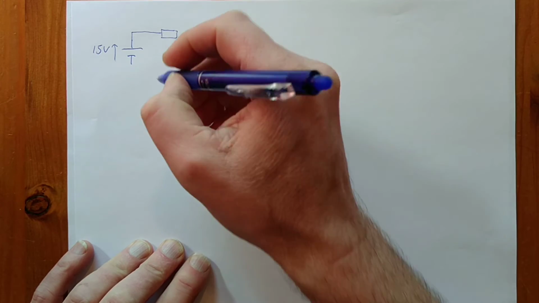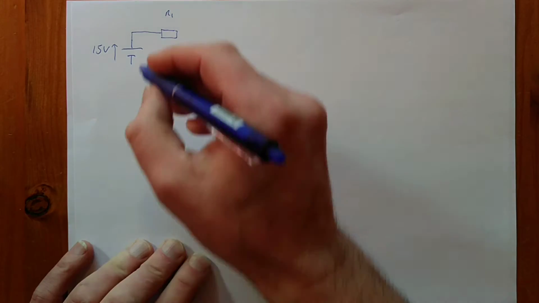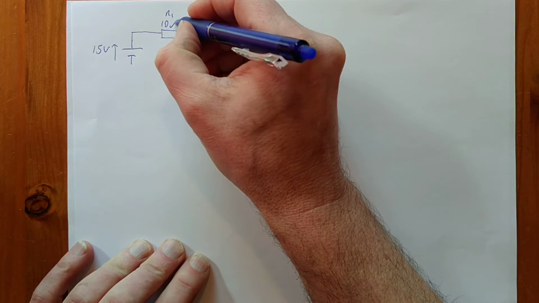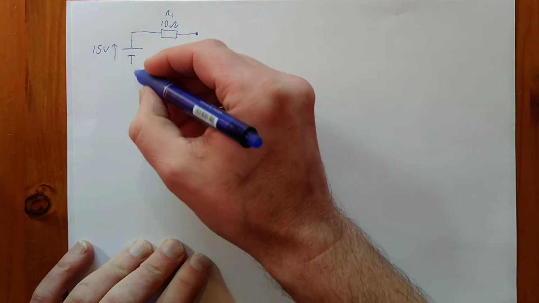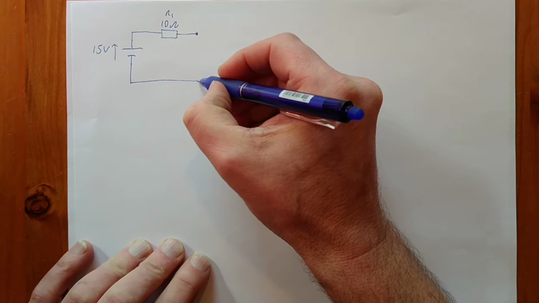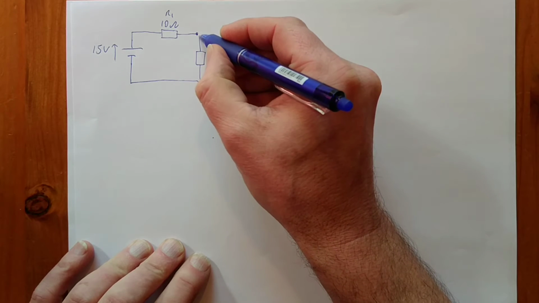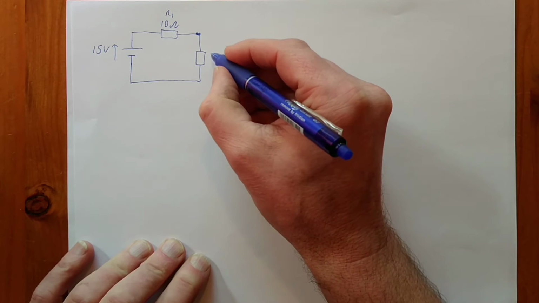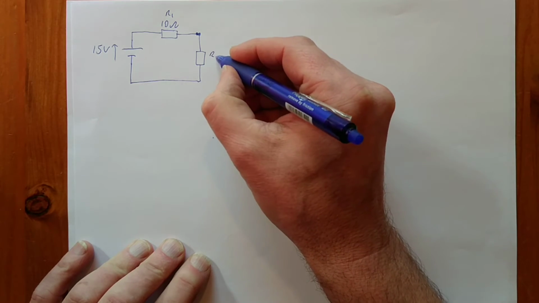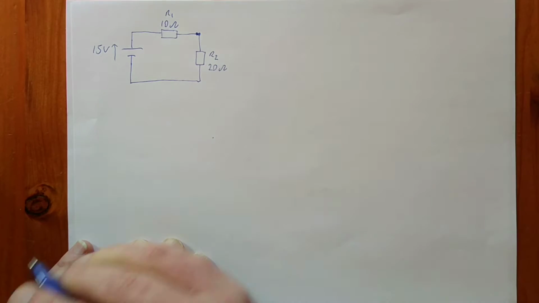Let's call that R1, and say it's 10 ohms. It's connected back again through another resistor, and let's call that R2, and say this is 20 ohms.